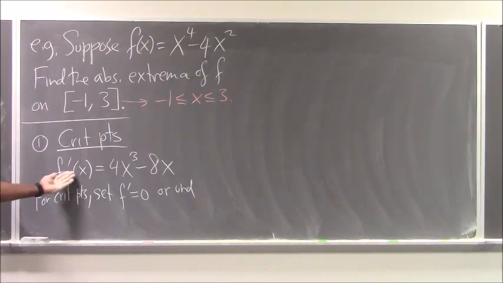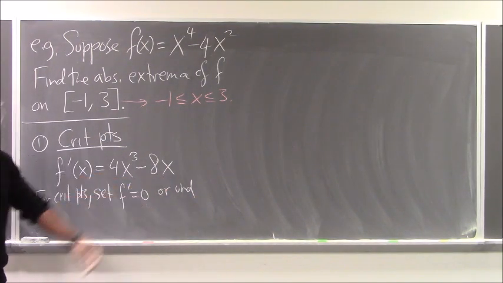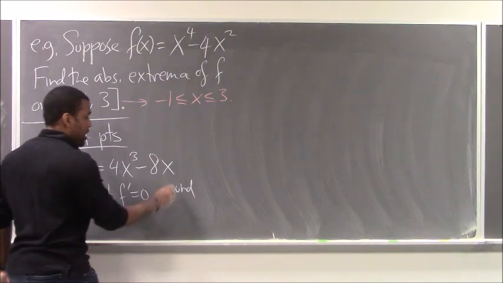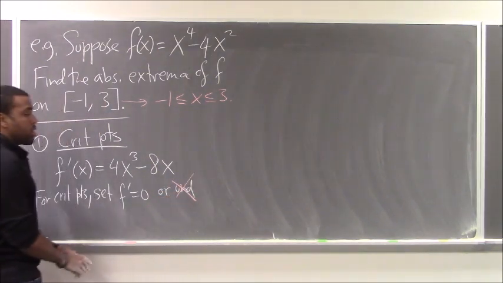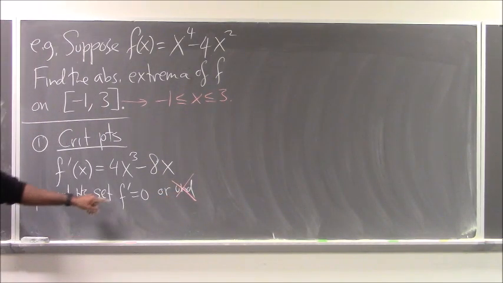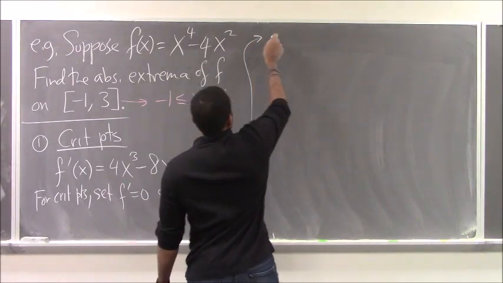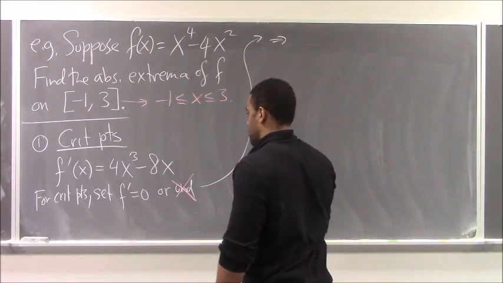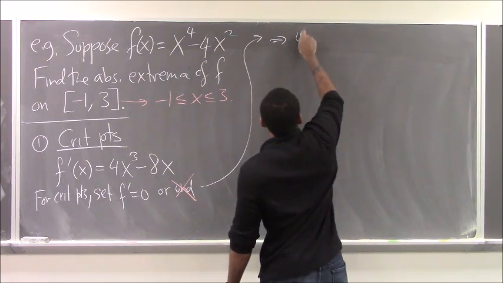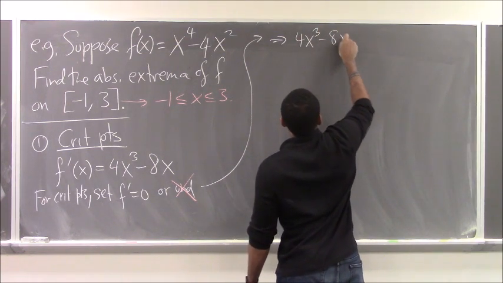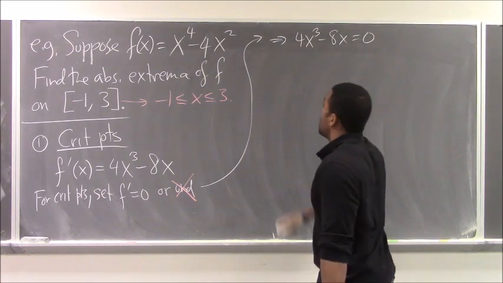Now, f prime is itself a polynomial. It's never actually undefined, so we don't even have to worry about that part. So let's just worry about setting f prime equal to 0. So this means that 4x cubed minus 8x equals 0.